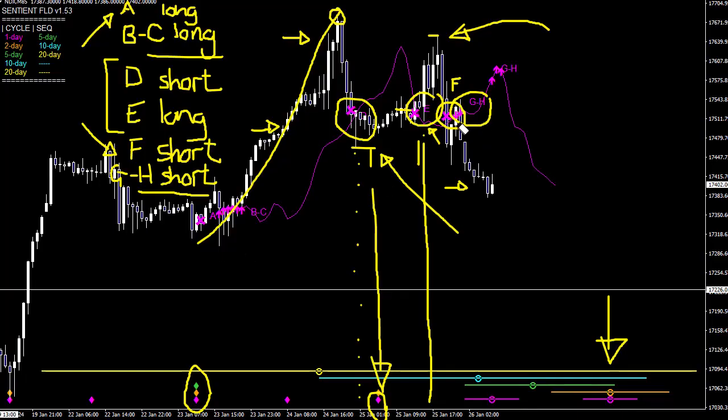Let me see if I can just erase some of these markings here. So, for instance, entering into this F category short trade over here as price crossed down below the FLD, you probably would have set your stop either at the top of that bar or maybe even right up here, although that's a fairly wide stop.